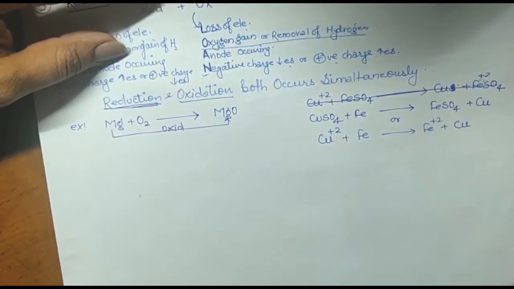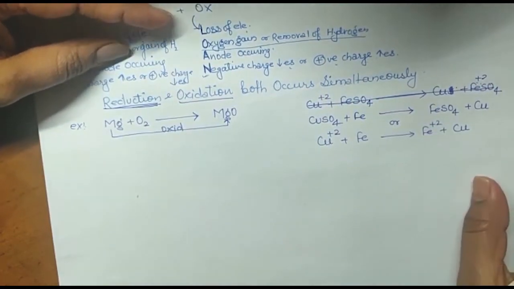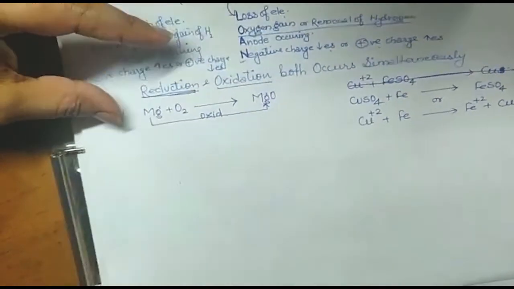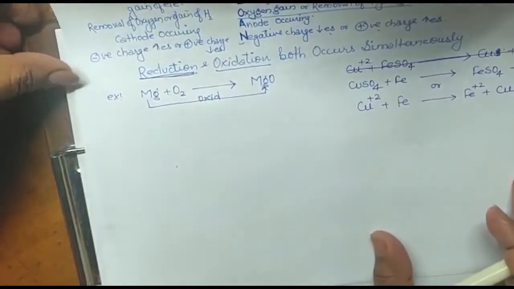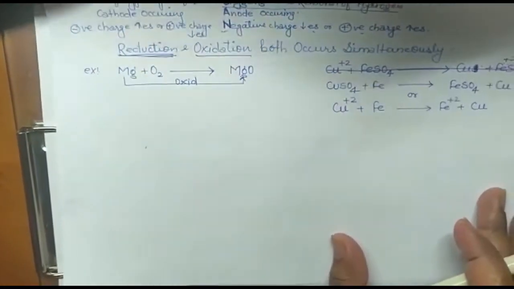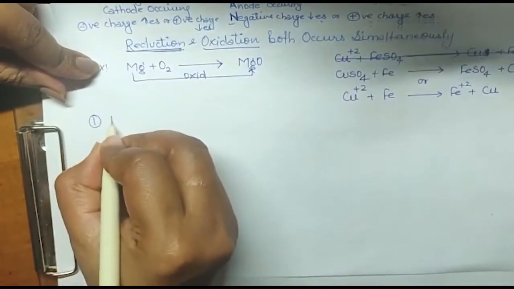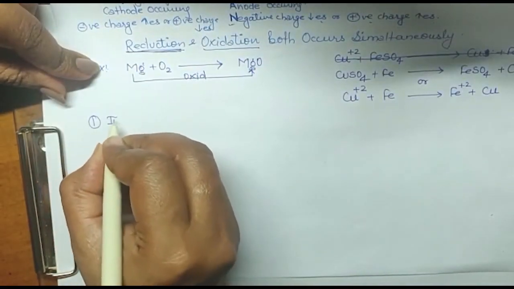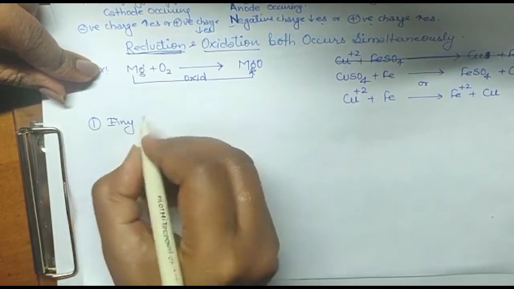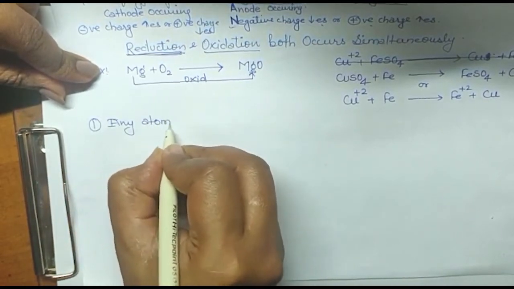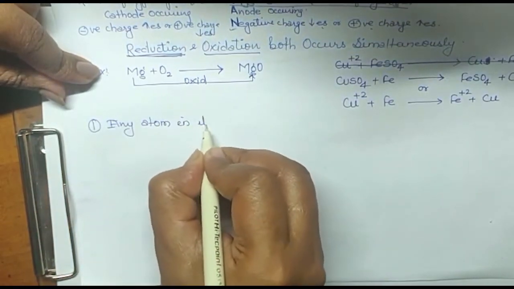Got it? Before going on to that concept, I am going to tell you a few rules that you have to write and learn. Rule first: any atom in its free state.